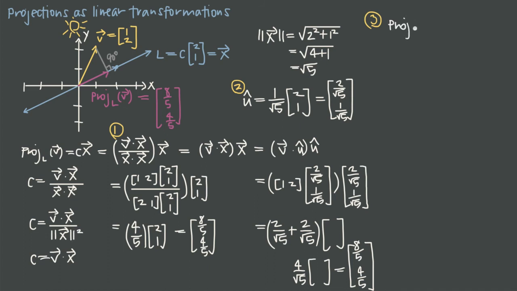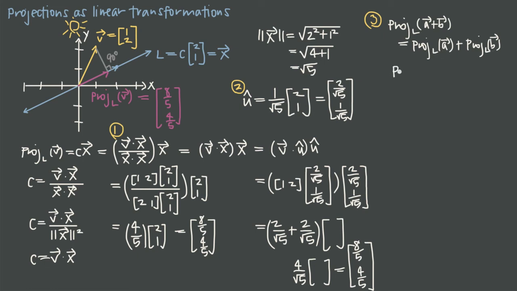So the rules here are that the projection of the sum of two vectors, let's say the sum of vectors A and B, onto L is going to be equal to the projection of the individual vectors onto L. So the projection of the vector A onto L plus the projection of the vector B onto L. That's the property that tells us that we're closed under addition.